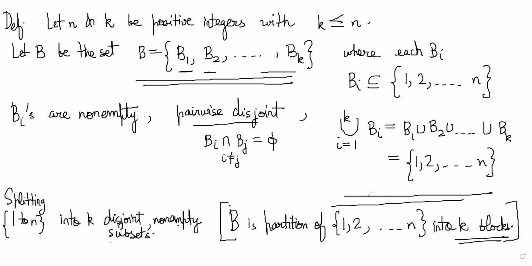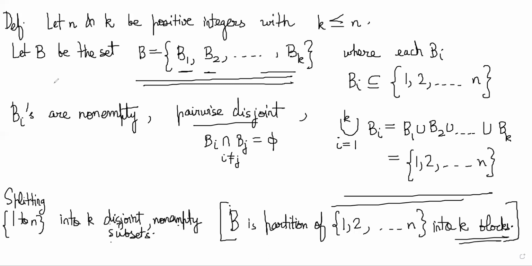Let's go through the definition once again so it is clear to everyone. If you have a big set 1 to n, you want to partition it into k blocks or k parts. What you have to do is find k different subsets which are individually non-empty, so they cannot be null sets, and they are pairwise disjoint.